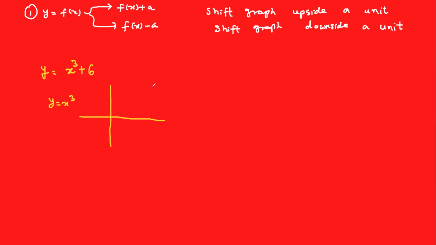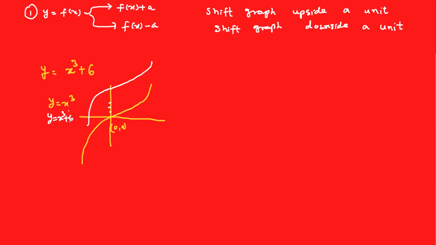The graph of x cube is this, and this is the origin. Understood? But you want the graph of x cube plus 6. Plus 6 means the graph is shifted 6 units upward. So this same graph will move here.